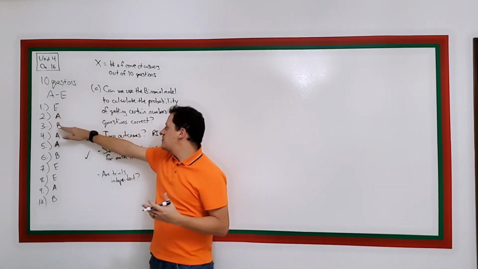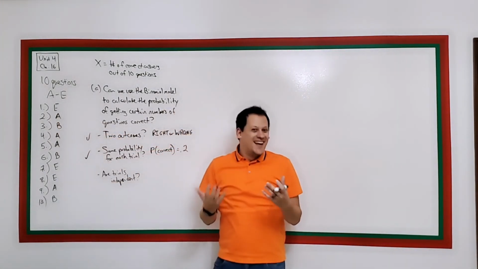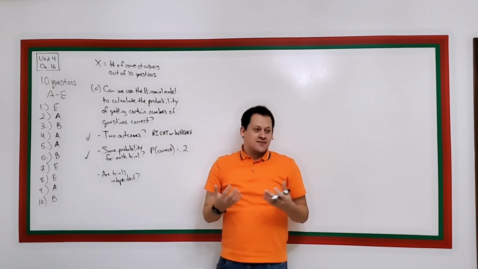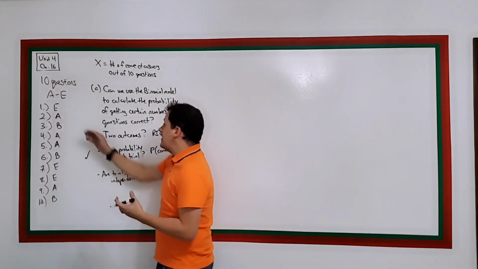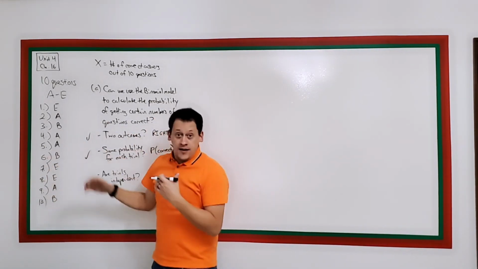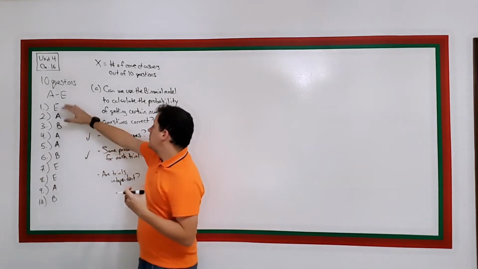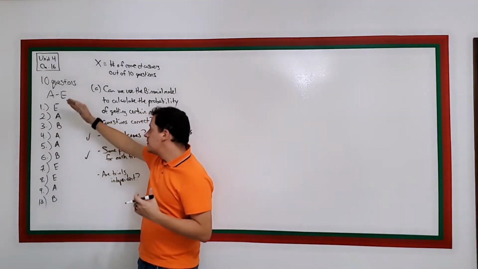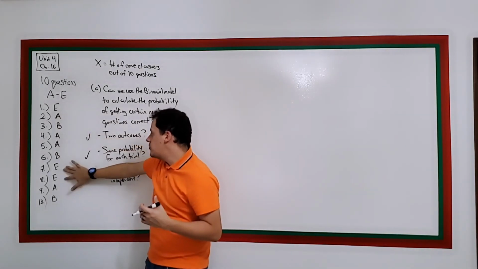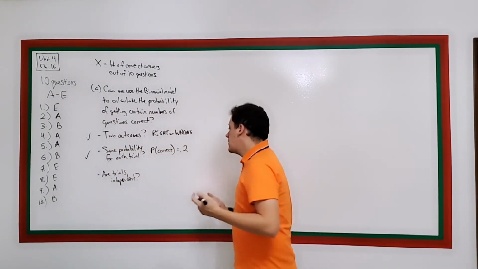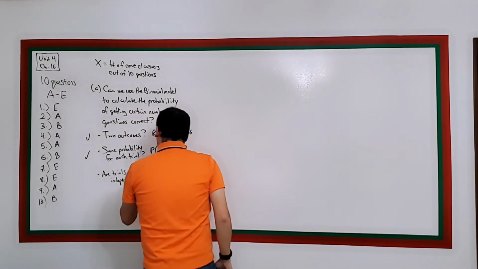Well, assuming you didn't just go C, C, C, C, C, C, C, C, C, then yes, right? At the very least, I determined these randomly. So at least on my end, this one has nothing to do with this one. We've got 2 A's in a row here, 2 E's in a row. It's not like they always have to be different. So yes, each question is independent.